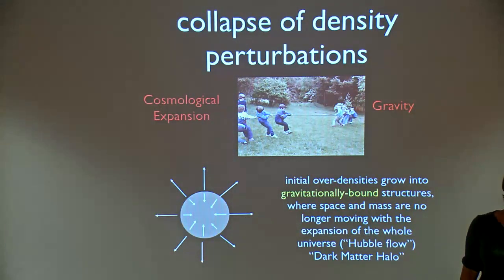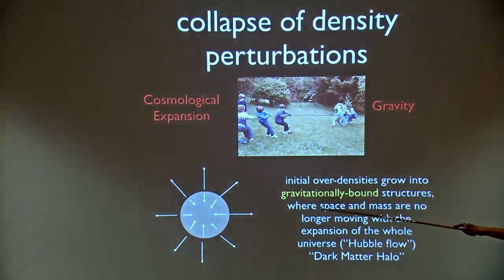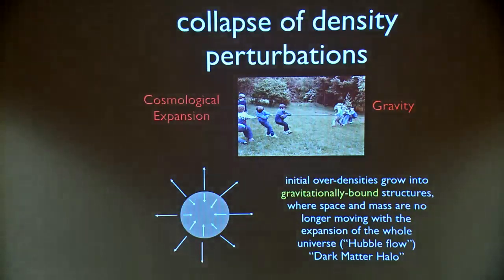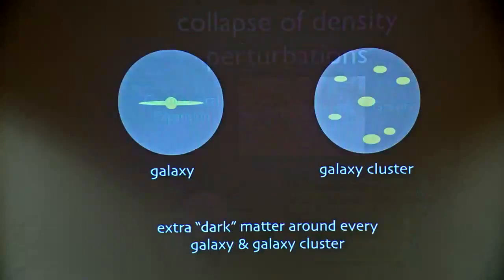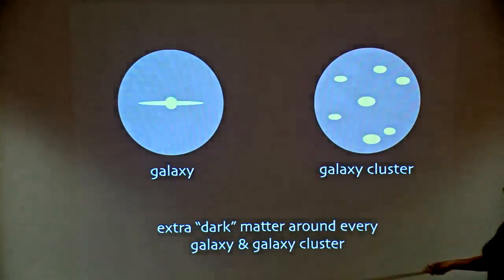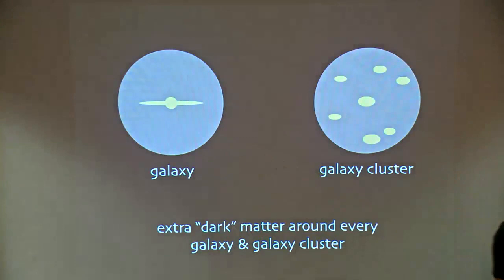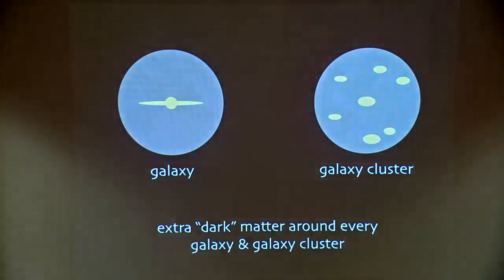And when that gravity wins, those things essentially decouple from the expansion. They become gravitationally bound. And we call those things dark matter halos. And those dark matter halos are where we think we form every single galaxy. Every single galaxy we think forms actually at the center of a dark matter halo.